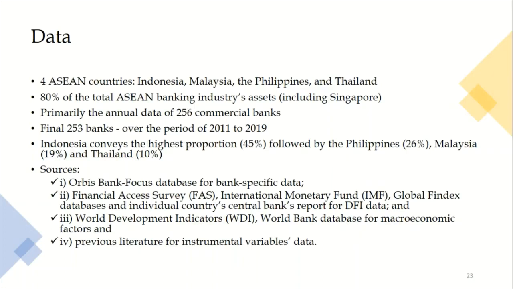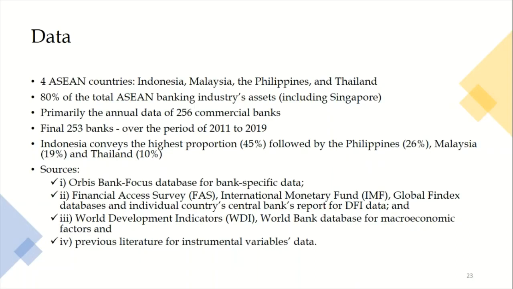Initially we selected 256 commercial banks, then filtered them, and finally chose 253 banks over the period of 2011 to 2019. Indonesia has the highest proportion of banks in our sample, followed by the Philippines, Malaysia, and Thailand.